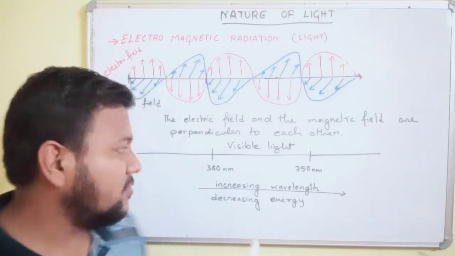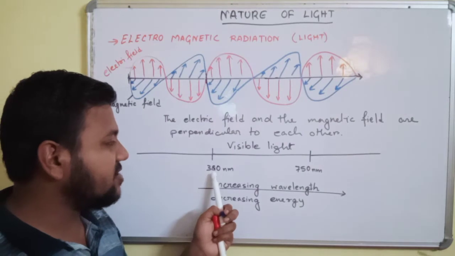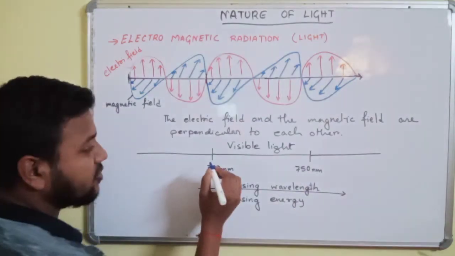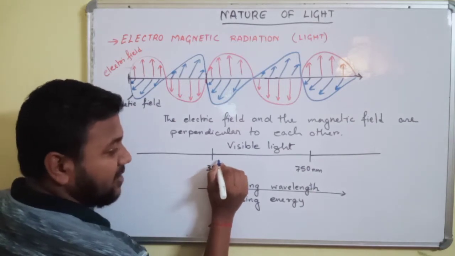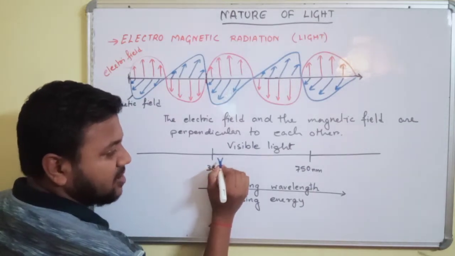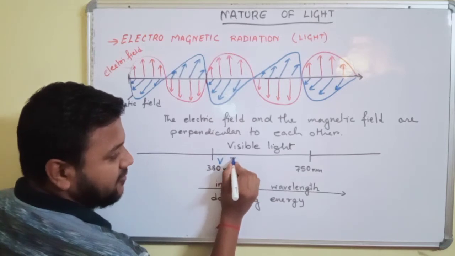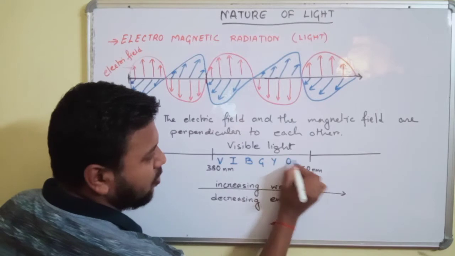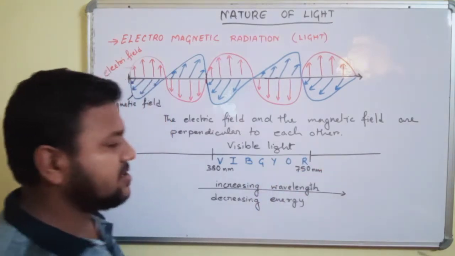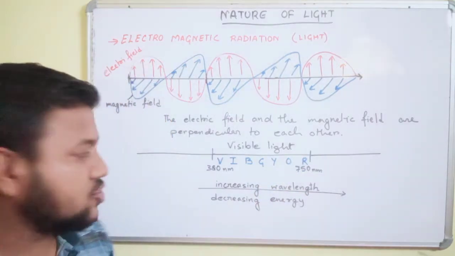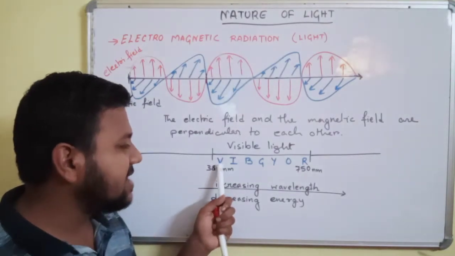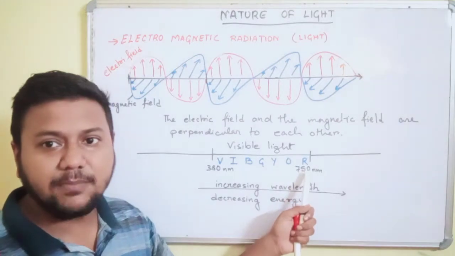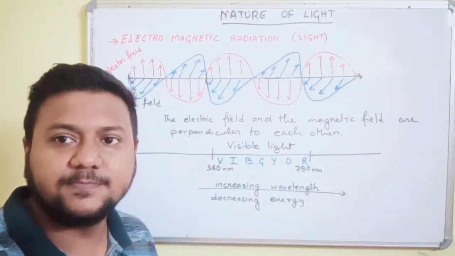So when we see the wavelength 380 nanometers to 750 nanometers, the visible light, we have to keep in mind that violet light has the minimum wavelength, whereas red light has the maximum wavelength.